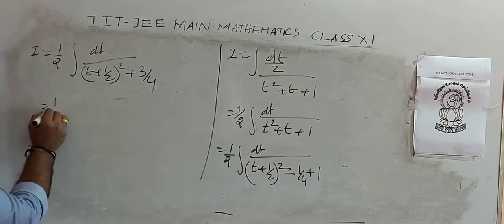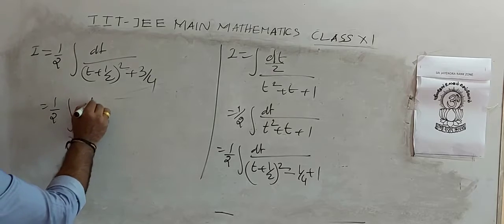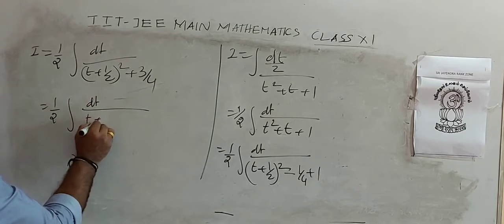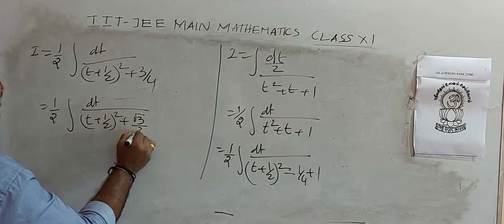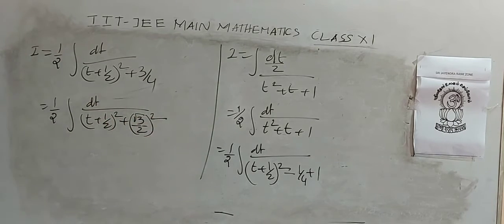So 1 by 2 dt by t plus 1 by 2 whole square plus root 3 by 2 the whole square.